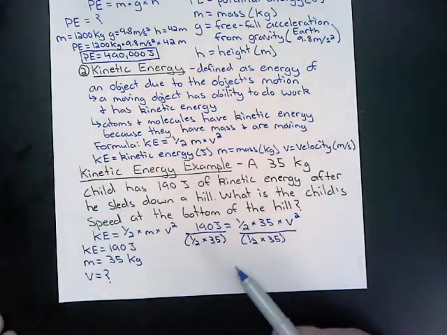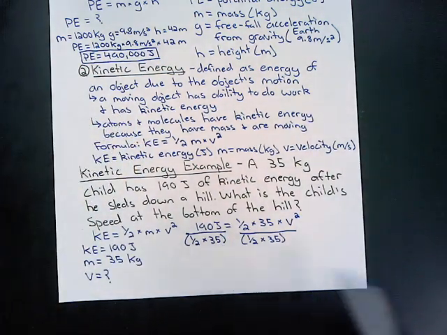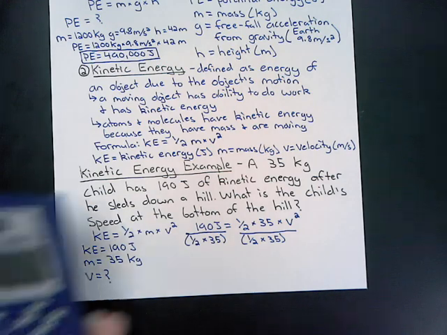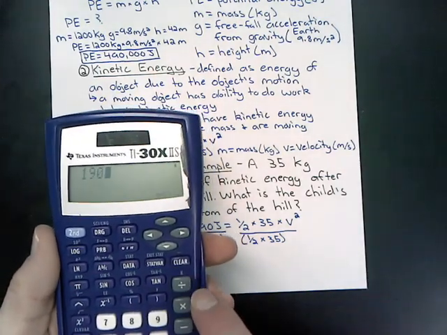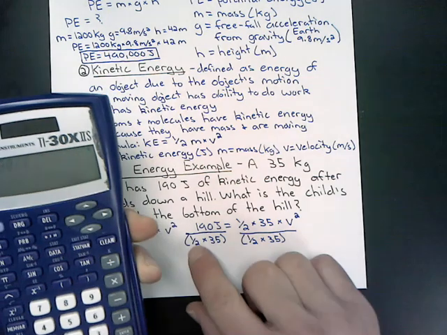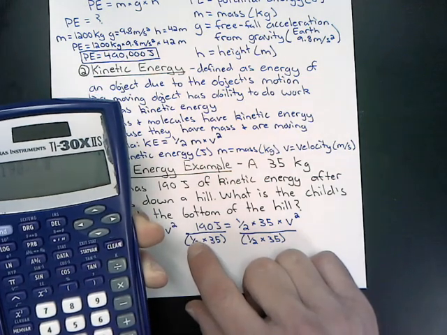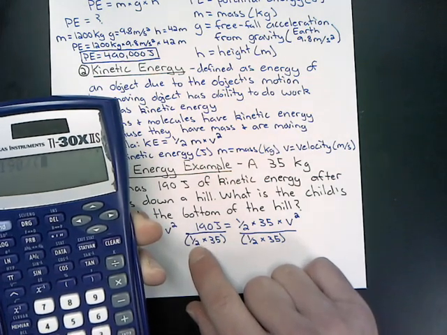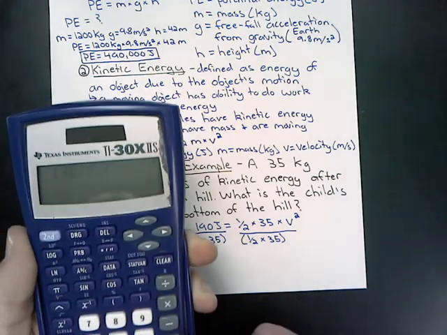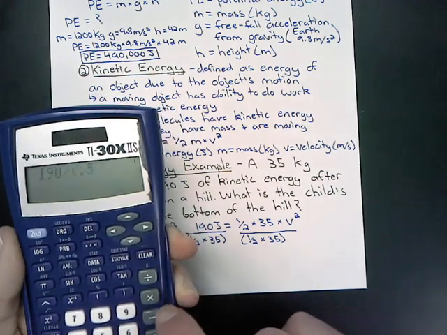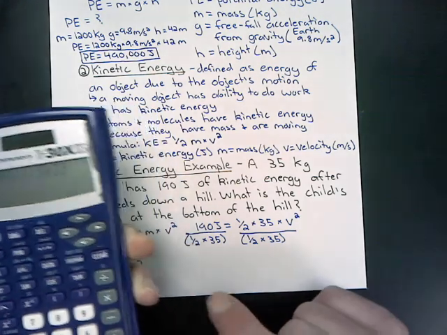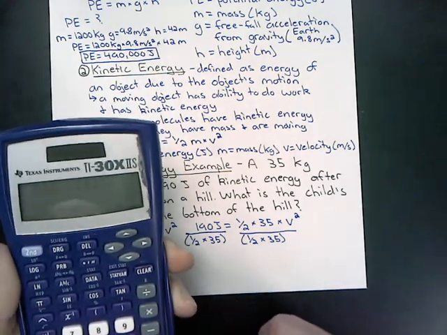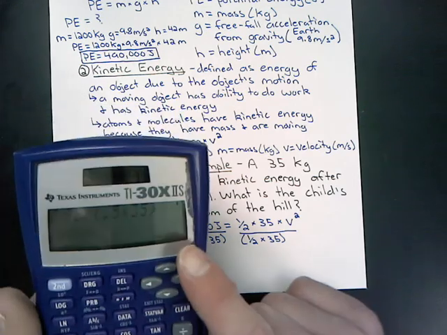So what we need to do is this. We have 190. And so what I'm going to do, I am going to insert 190 for our joules on top, and I'm going to divide it by half. Now remember, half can be written like how I have down here on the paper, or half is simply 0.5. Then I'm going to multiply that by that 35 kilograms, the mass of the child, and I'm going to close the parentheses.